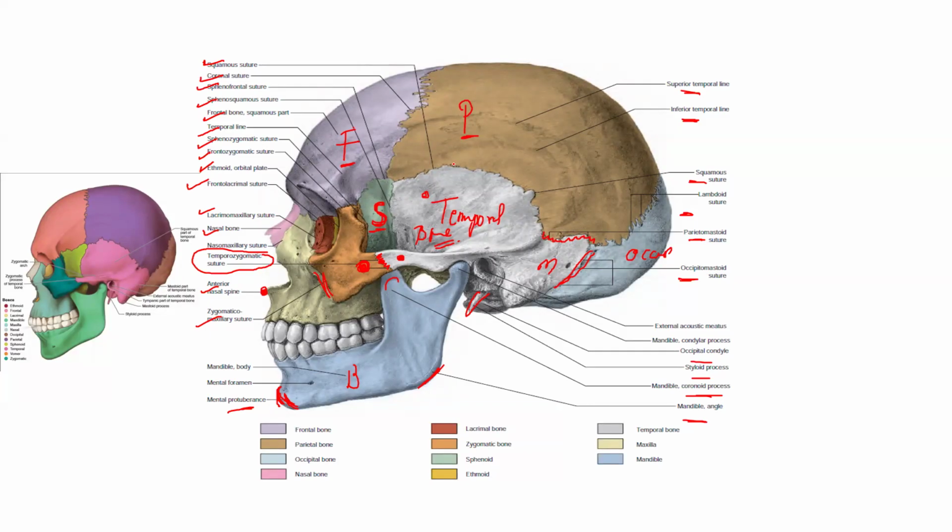When all these 4 bones are joining, this H-shaped structure is known as the, anybody? Pterion. So what all 4 bones are associated with pterion? Frontal, parietal, sphenoid, temporal. Yes.